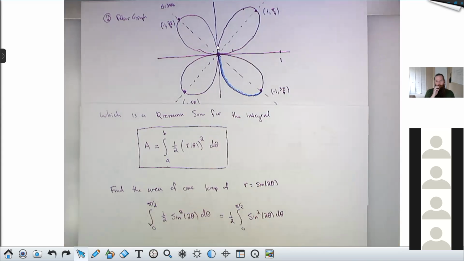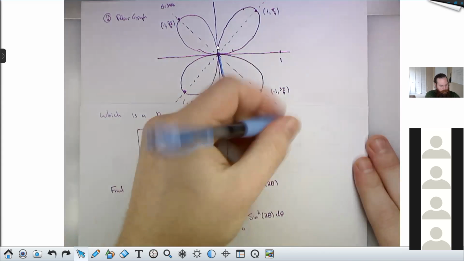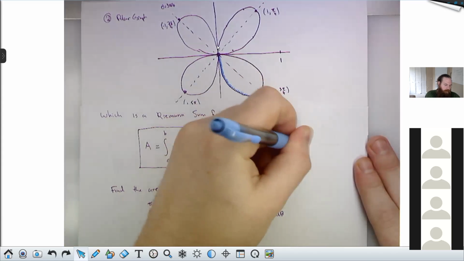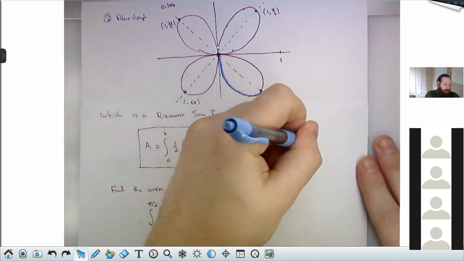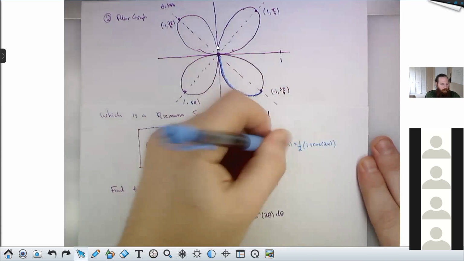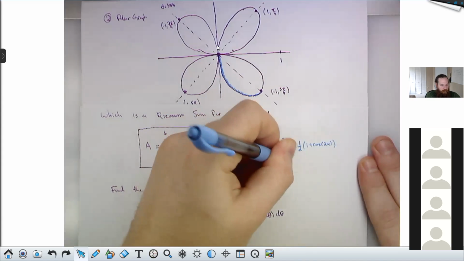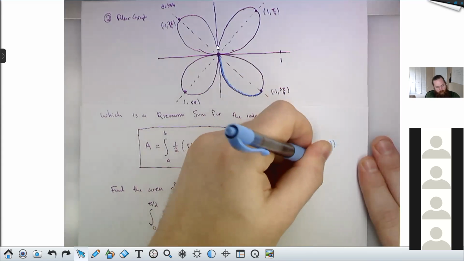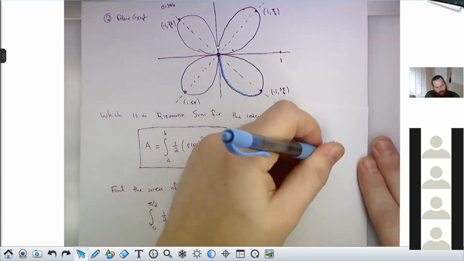You use the identity. Yeah, which identity? 1/2 times 1 minus cosine of 2 theta. Good. There's this pair of identities, I always remember them together. Cos squared x is 1/2 (1 plus cos 2x), and sine squared x is 1/2 (1 minus cos 2x).